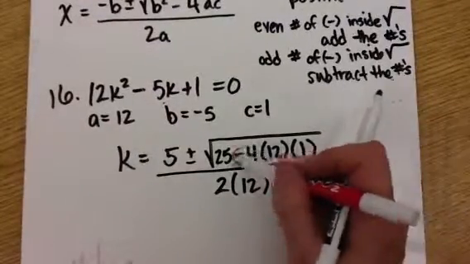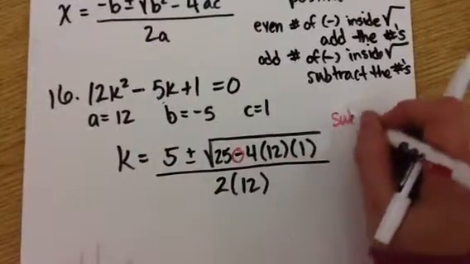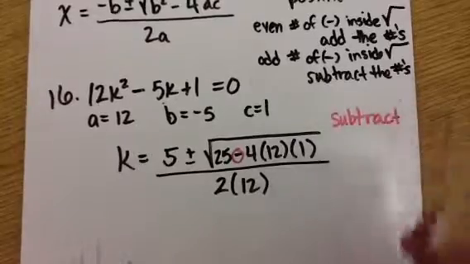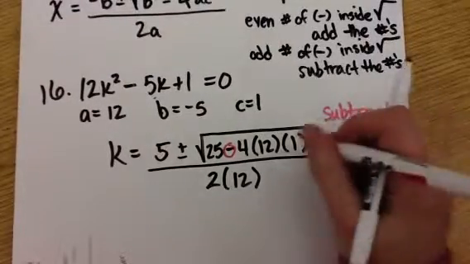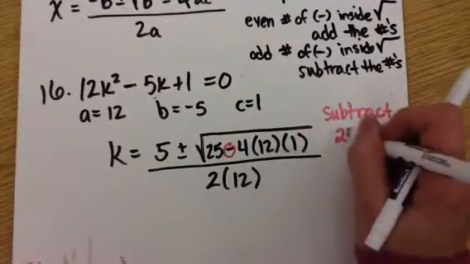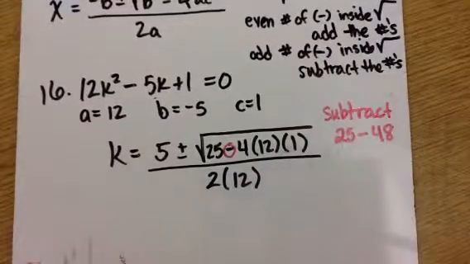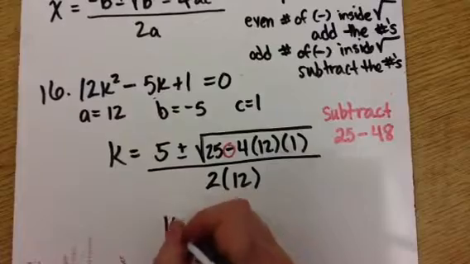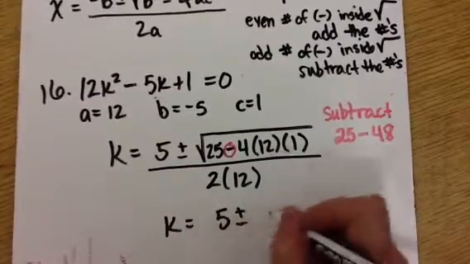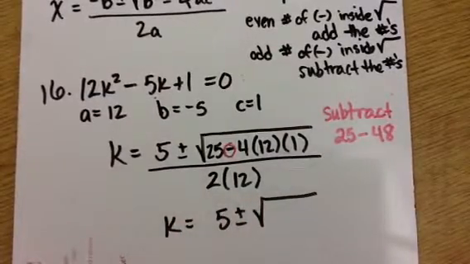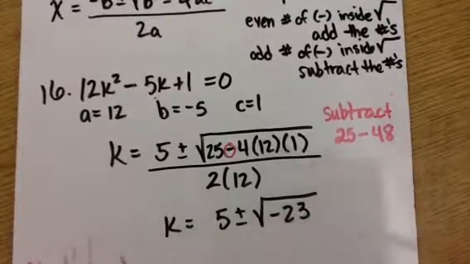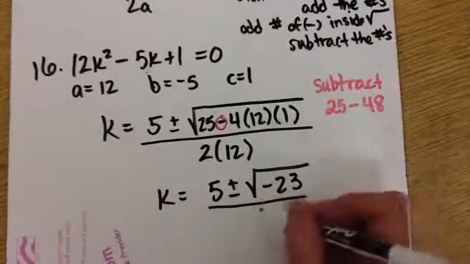I have one negative sign, so I'll be subtracting. So inside the discriminant, that will give me 25 minus 4 times 12 is 48. So K equals 5 plus or minus the square root of 25 minus 48 is negative 23, all divided by 24.